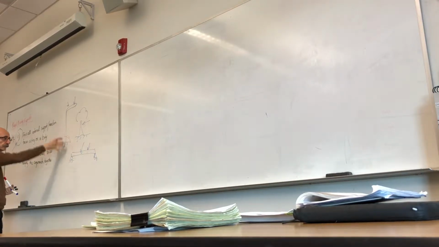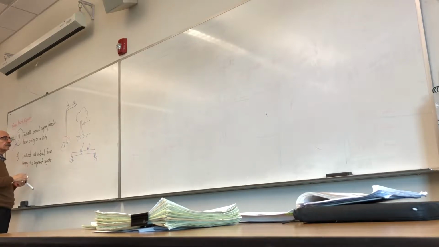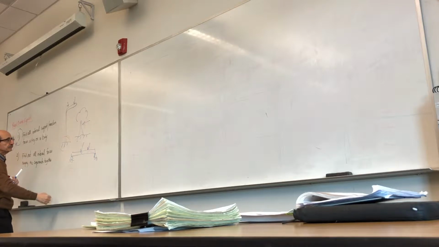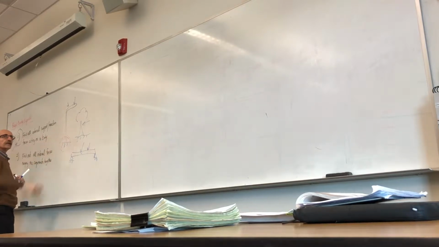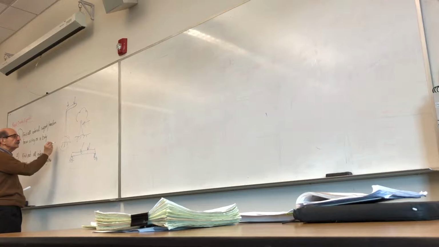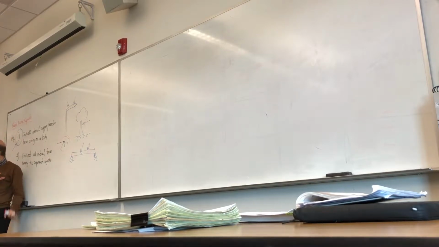So if this is fixed in the ground and it is not moving in this direction, cannot be moved in this direction, and you cannot bend it in any direction at this spot, what does that mean? No movement in this direction means there is a hidden force internally that is resisting that motion.